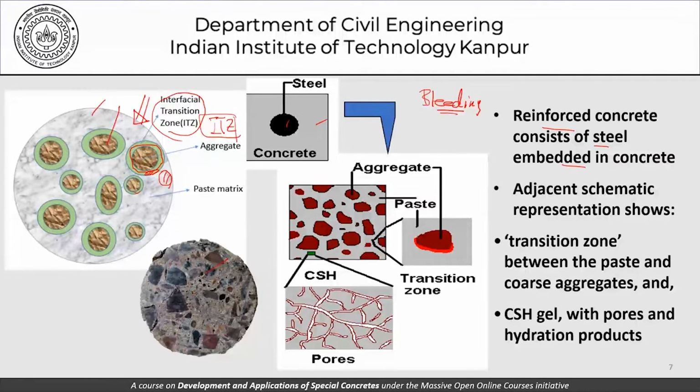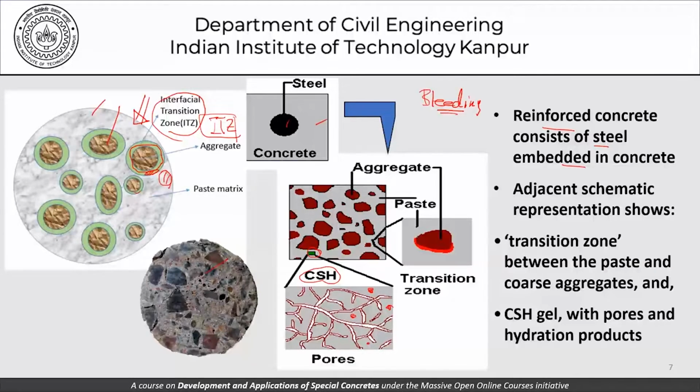Now, having said that, this adjacent schematic representation shows the transition zone between the paste and coarse aggregates. If we take a small picture out of this main body mortar, this is what it looks like, which means that we have the CSH gel sitting here. These are all the solid part of our cement hydration products, call them CSH. And we have these, what I have represented like channels.